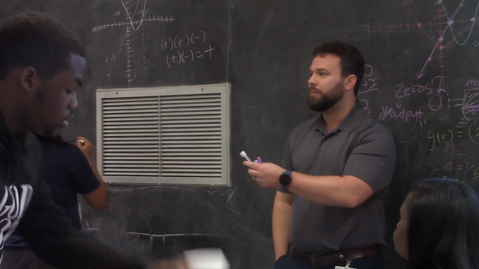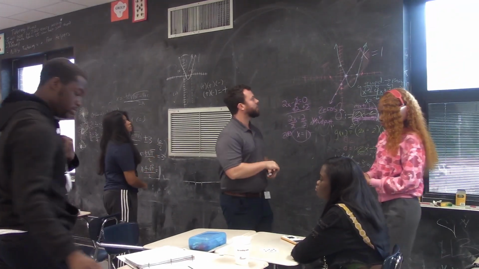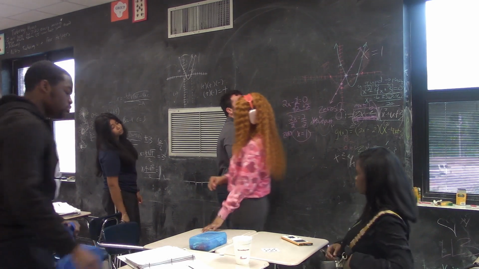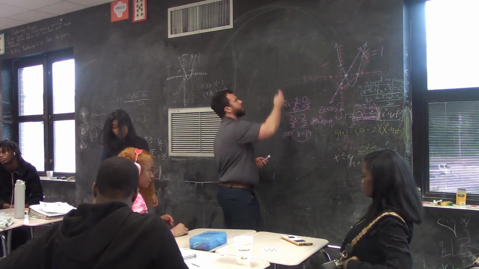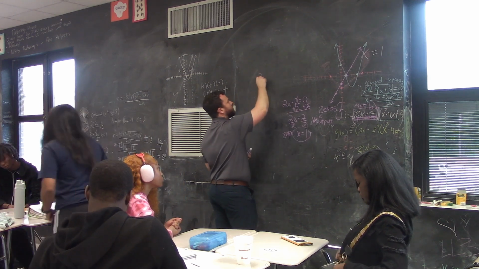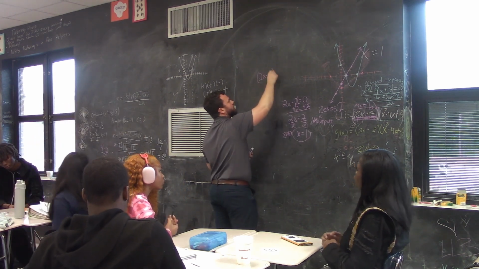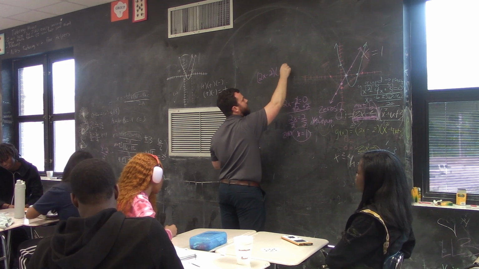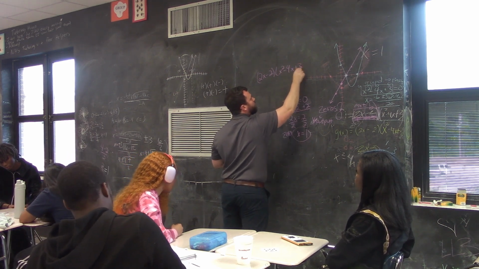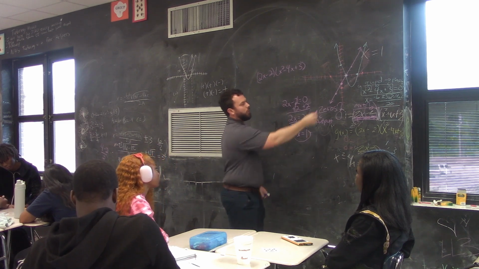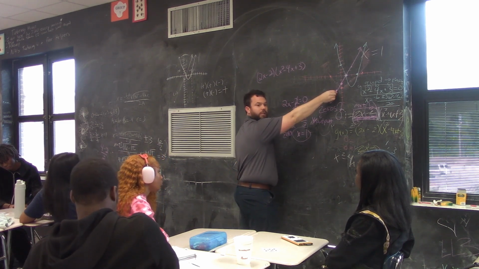Some of us are actually completely done, but most of us are not. So I need some of us to pay attention at this point and look at this. Look, I've got how many functions graphed here right now? I got 2 graphed: 2x minus 2 times x squared minus 4x plus 3. Those are my 2 factors. In purple is my line, y equals 2x minus 2.